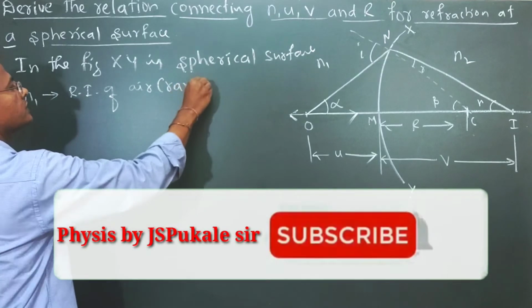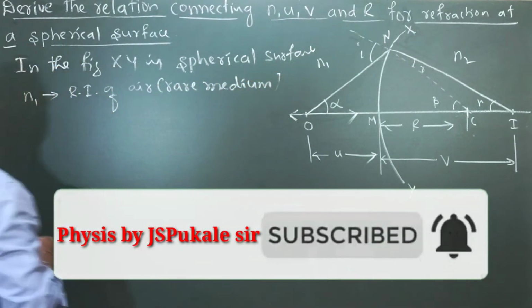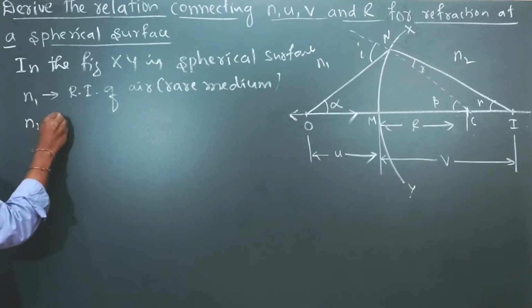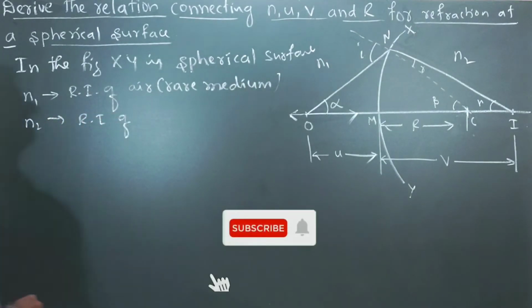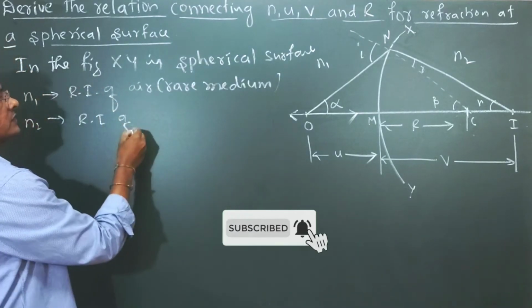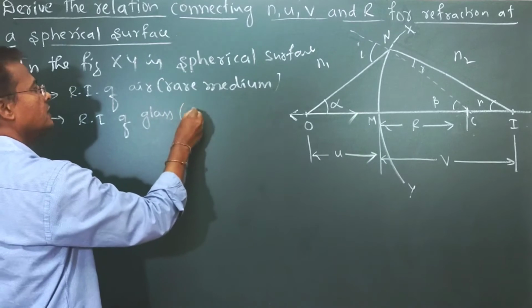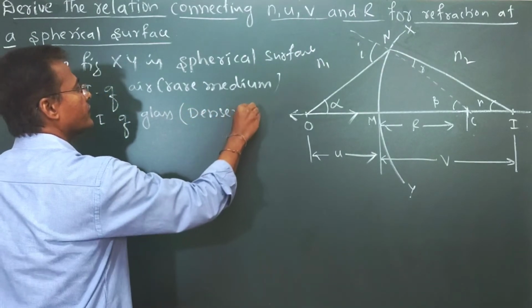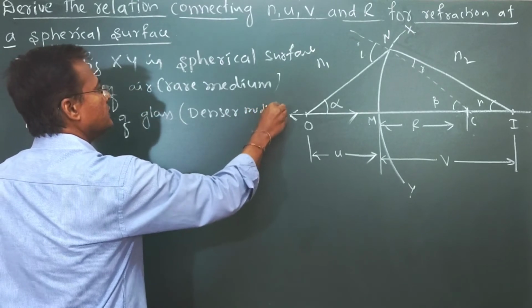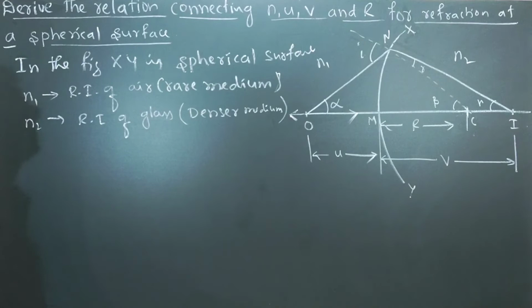This n2 is the refractive index of the denser medium, that is glass, the refractive index of glass. Here we are using the word glass, so that is the denser medium. XY is separated by two refractive indices, n1 and n2.